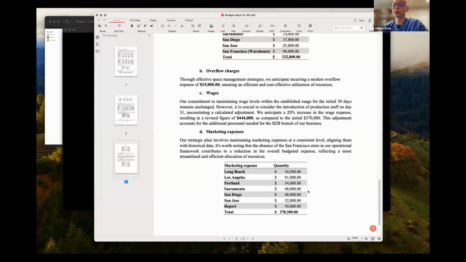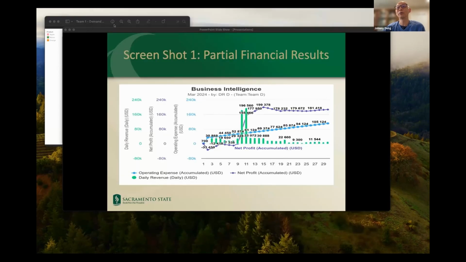So this is an example. I have them submit this before I run a simulation, and then after the simulation, I have them compare the actual results against the budget numbers. Then we talk about how to do performance evaluations, what variance analysis is, and so on and so forth. That's what I was doing.